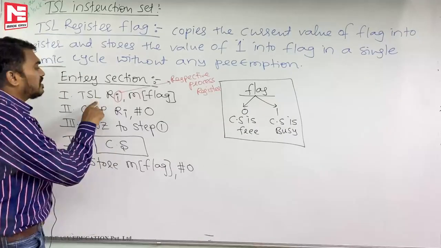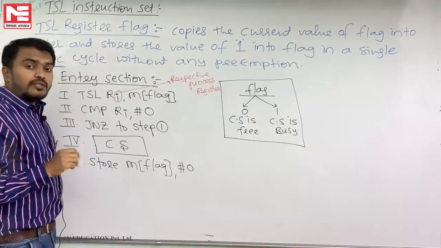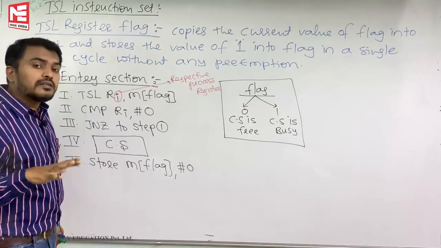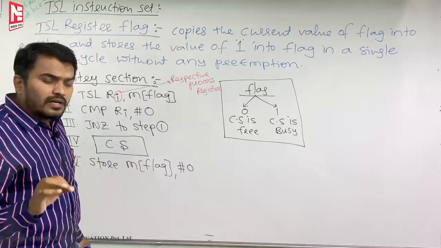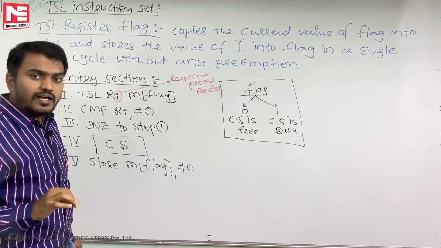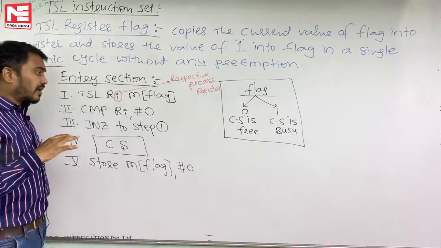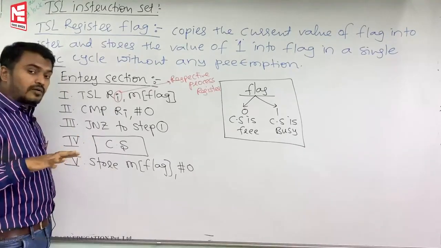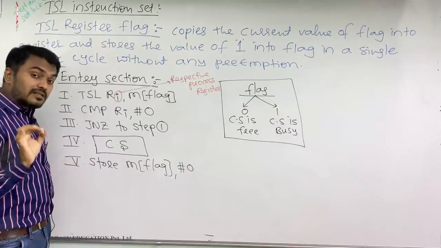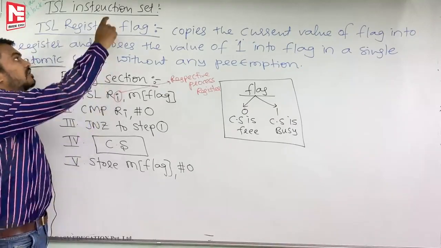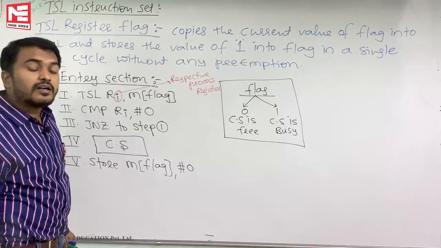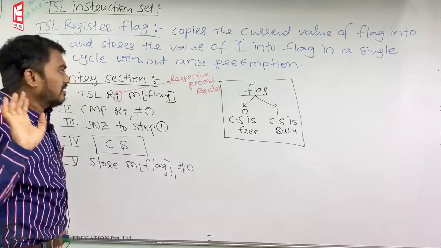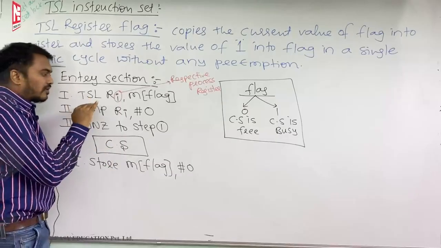If you want to execute this instruction without any preemption, you need to disable all the interrupts at the hardware level. That is the reason the solution is a hardware type of solution. Is it clear for everyone? Right. So the first instruction, I am repeating, what will happen here?